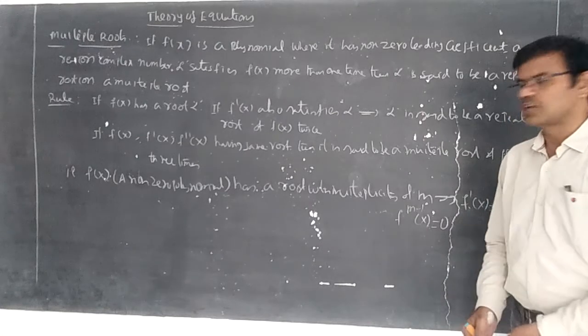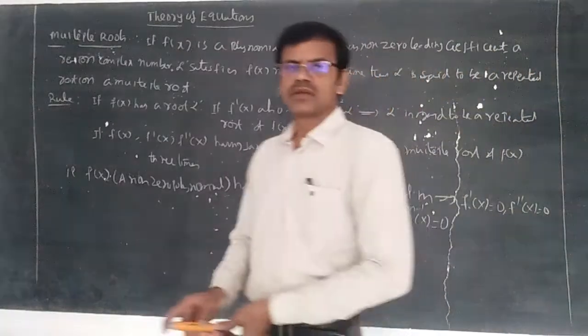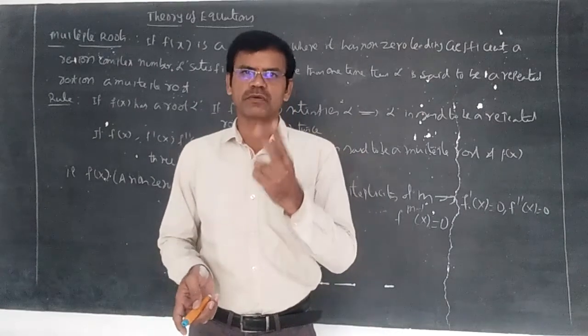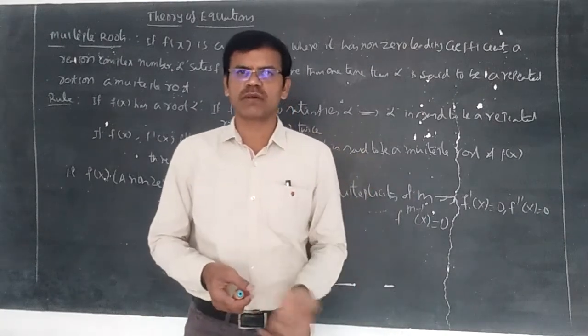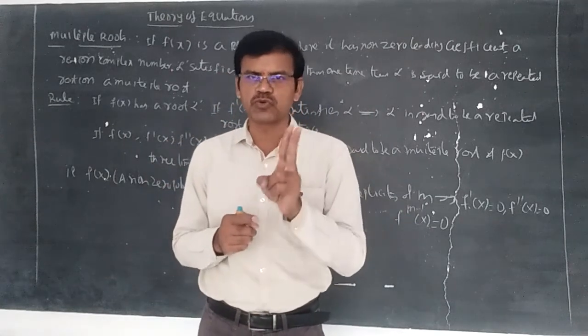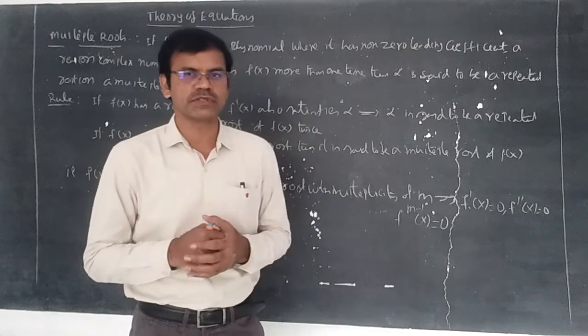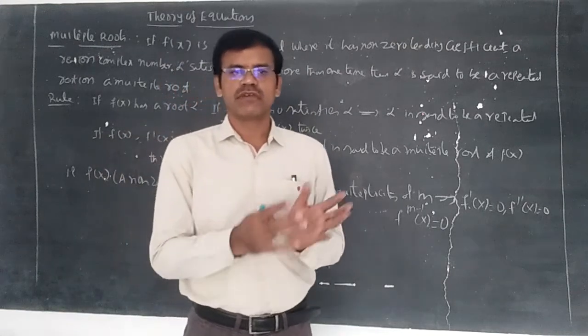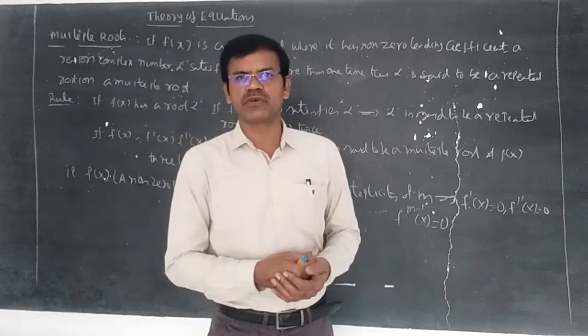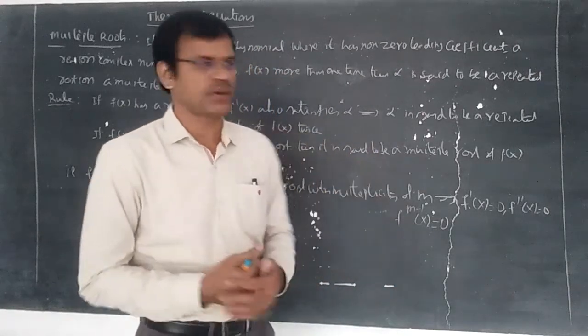Here you should understand that if f of x and f dash x equal 0, then it is 2 times; with f double dash it is 3 times repeated. If it is f fourth dash, then 5 times repeated; f sixth dash, then 7 times repeated.